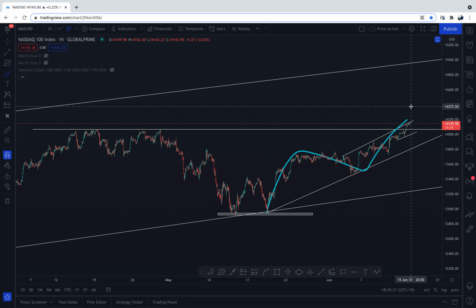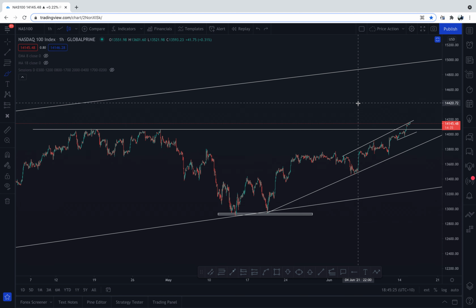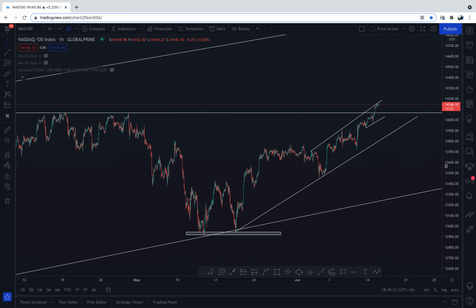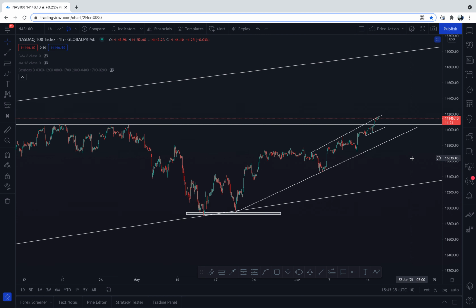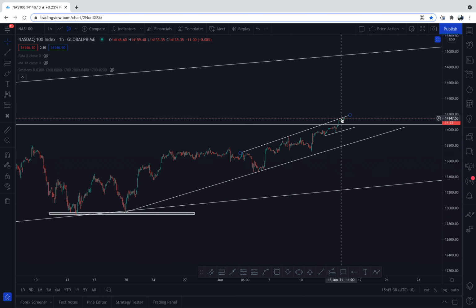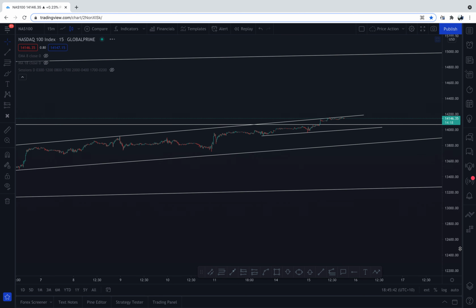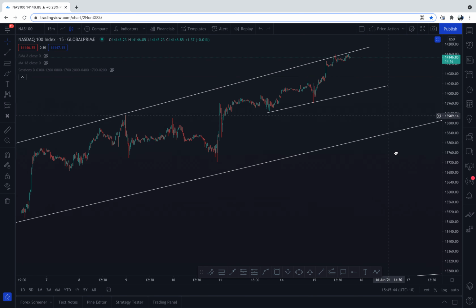But at the same time, what I'm anticipating on Nas100 is that, sorry, this thing is confusing me now. Okay, what I'm expecting now from Nas100 is it can correct. You see how on the M5 or M15 it will show you a rising wedge.